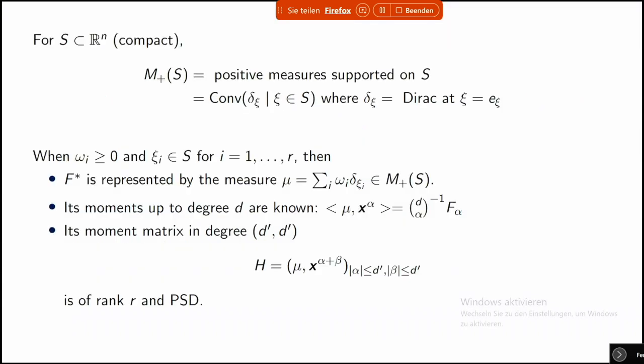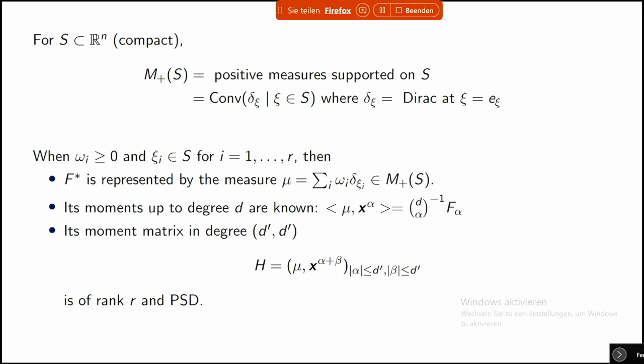We can define a compact set S in R^n, and we can define the positive measures supported on S. When the omega i's are positive and the xi's are in S, then f star is represented by the measure, which is the sum up to r of omega i delta xi.